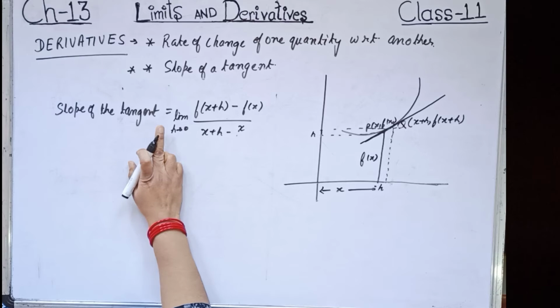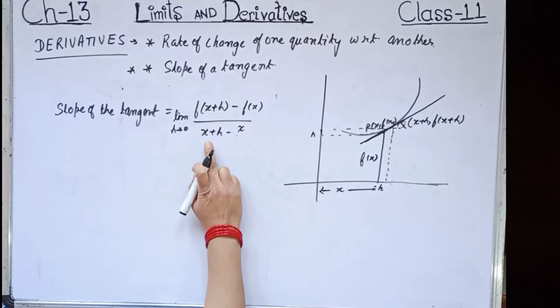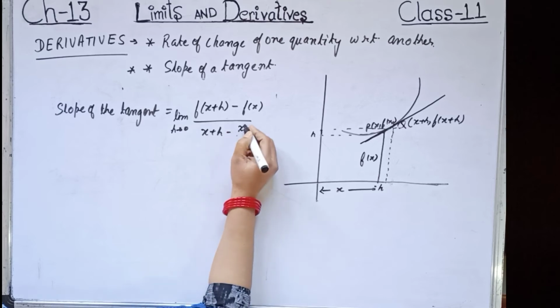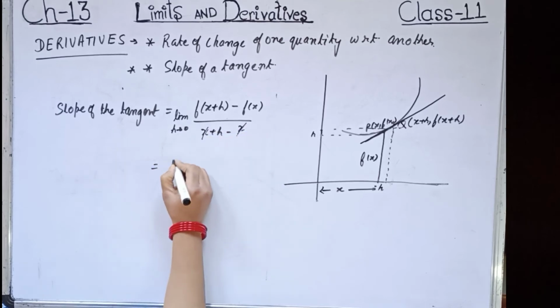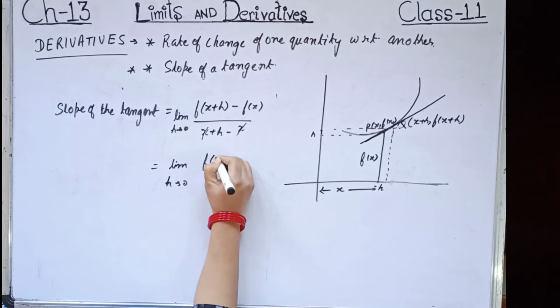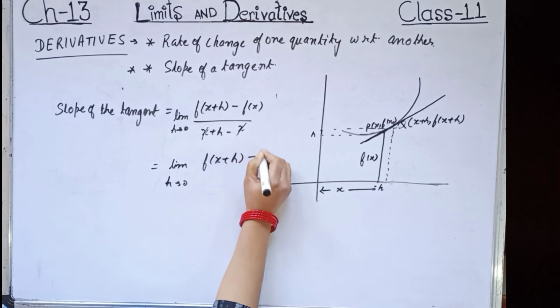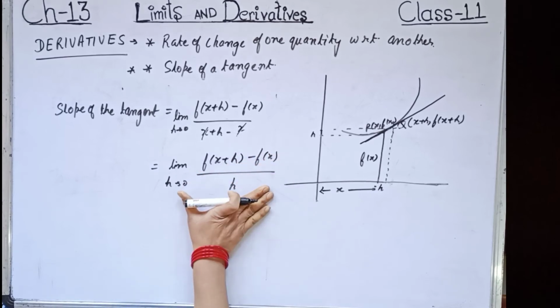So the slope of the tangent is limit h tends to 0 of f(x plus h) minus f(x) divided by x plus h minus x. The x cancels and we get the slope of the tangent as limit h tends to 0 of f(x plus h) minus f(x) divided by h. And this only is the definition of the derivative of f(x).